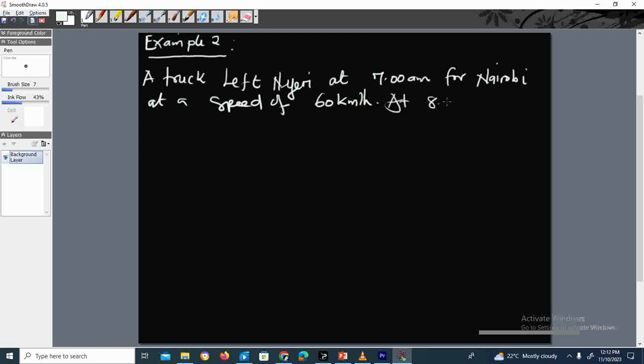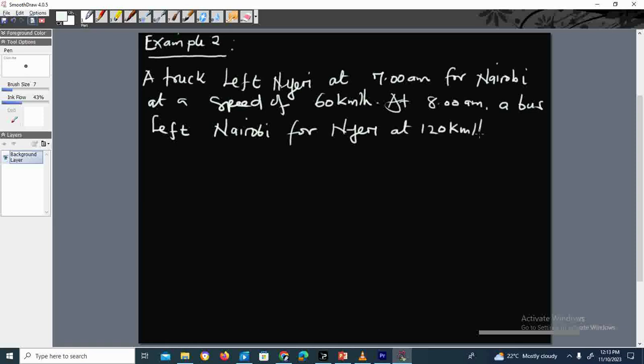At 8 a.m., a bus left Nairobi for Nyeri at 120 kilometers per hour.